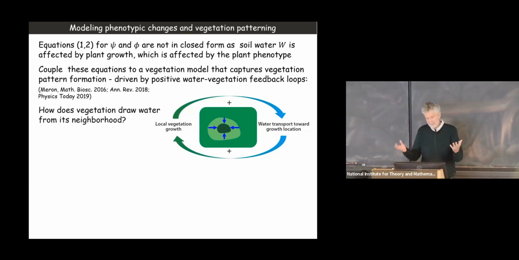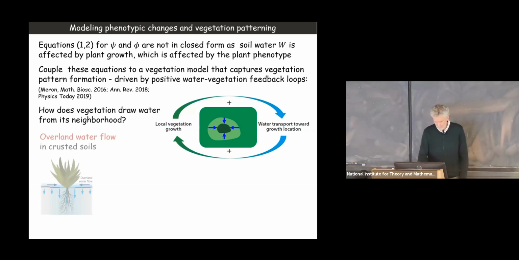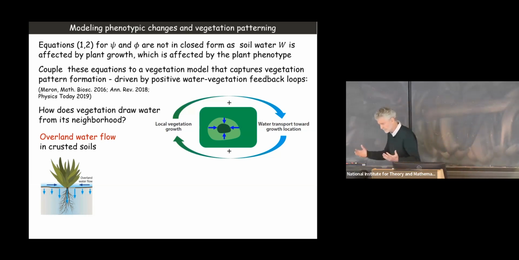Now we may ask, how does vegetation draw water from its neighborhood? There are several mechanisms. One is overland water flow in crusted soils. It turns out that the soil in drylands tends to be covered by soil crust.